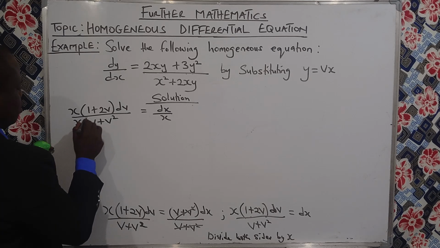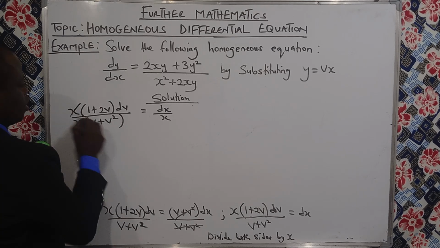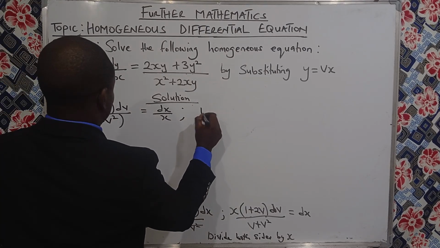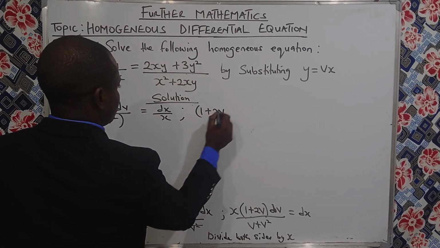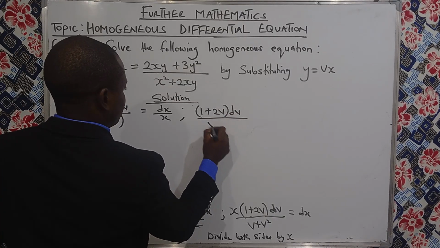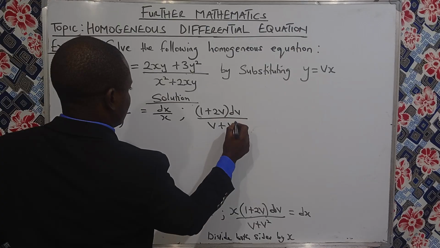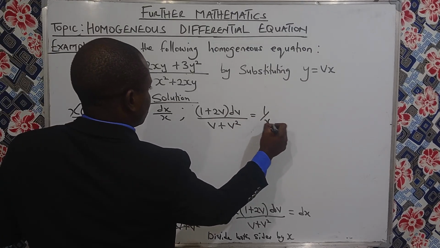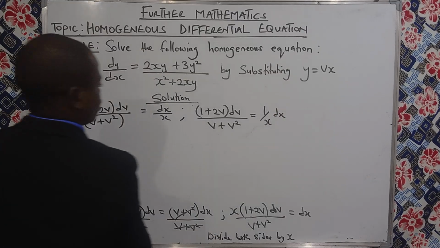The x cancels x. You're left with 1 plus 2v dv over v plus v squared equals 1 over x dx.